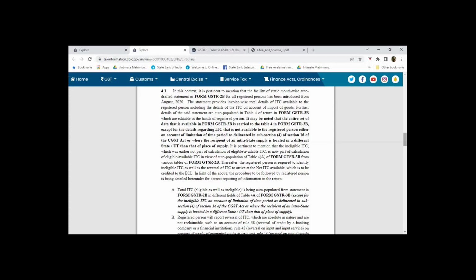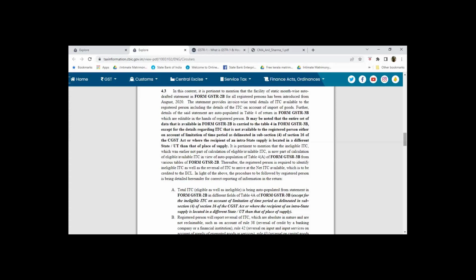Second case is where the recipient of an intrastate supply is located in a different state or union territory than that of the place of supply. For example, a person registered as GST taxpayer in the state of Kerala stays in a hotel in Tamil Nadu. The hotel issues a CGST plus SGST bill as per the place of supply rules, place of supply in relation to location of immovable property.